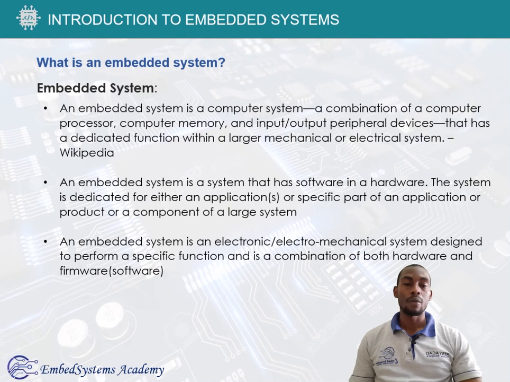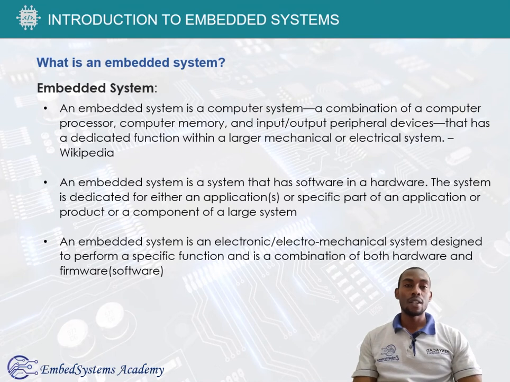Of course, firmware can also be called software in this case. So an embedded system is simply a combination of hardware and software that is doing a specific function, either in an application or part of an application. So that is an embedded system.